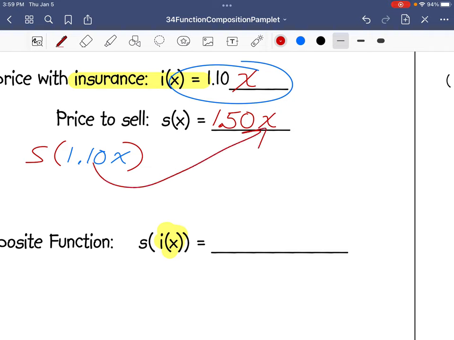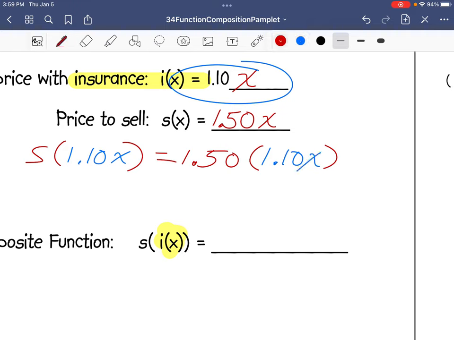And then I'm going to plug this 1.1 into my S equation. Now the S equation has a 1.5. Put a little parentheses so you got a spot for your 1.1x.